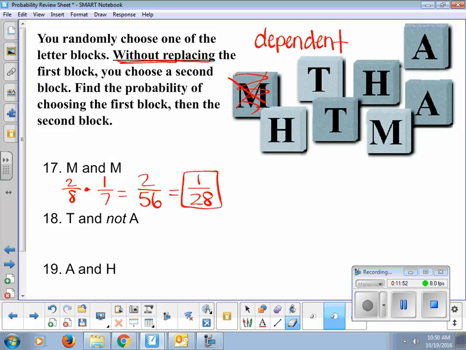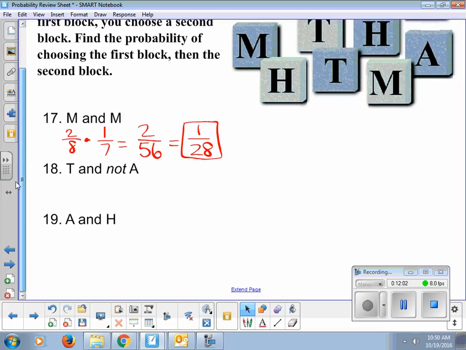When you switch to the next question, we're starting fresh with all 8 tiles. The next one is T and not A. So what would be our probability of choosing T? 2 out of 8.